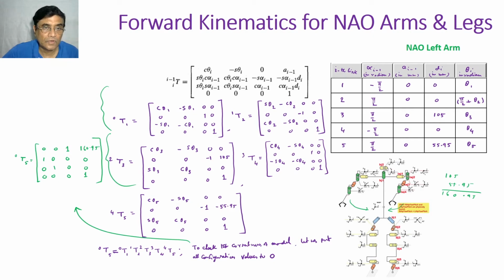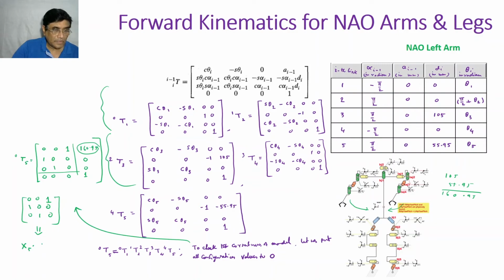And this is the rotation matrix. Since all configurations are kept 0, the rotation matrix should be of this nature: 0, 0, 1, 1, 0, 0, 0, 1, 0.